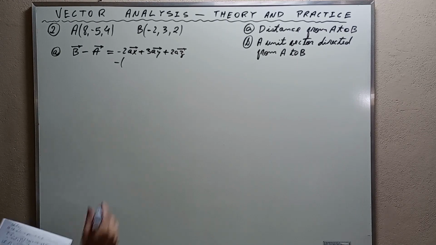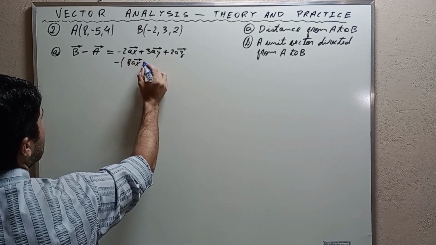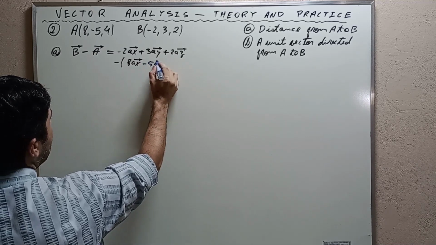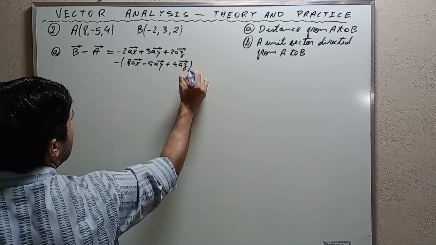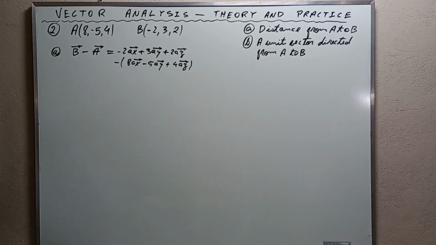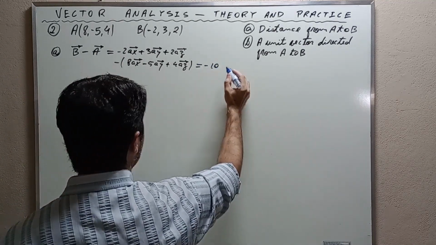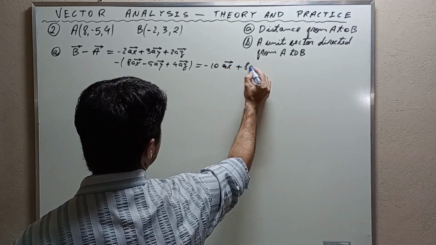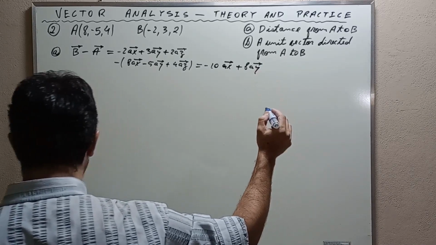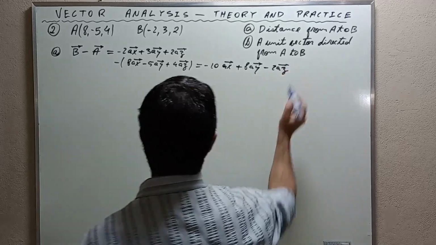Vector A is 8ax minus 5ay plus 4az, and this results in a vector such as negative 10ax plus 8ay minus 2az.